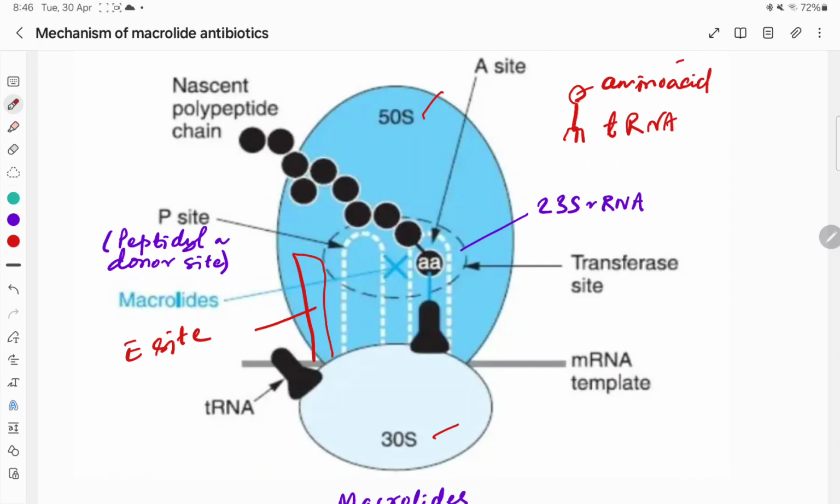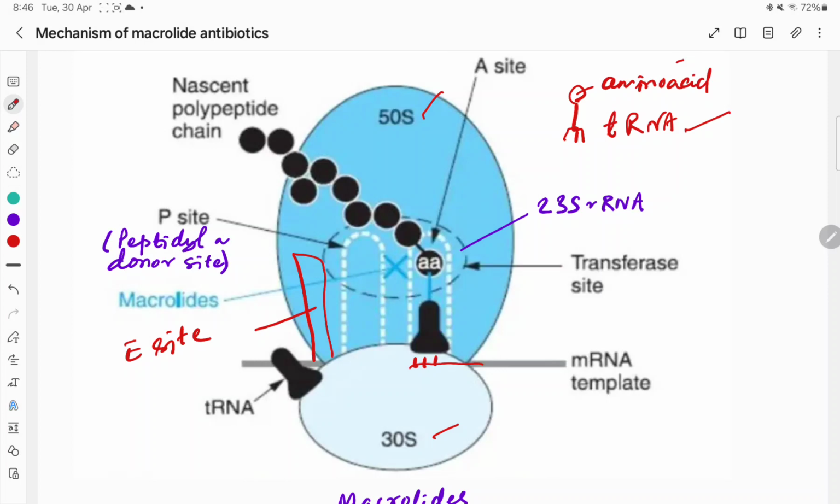You can refer to our earlier classes on protein synthesis to be clear about how protein synthesis occurs. The messenger RNA binds to the 30S subunit, whereas tRNA binds to the 50S subunit. Initially it binds to the A site, then it goes to the P site. In the A site, the messenger RNA has a codon.